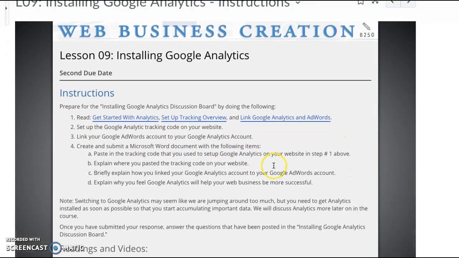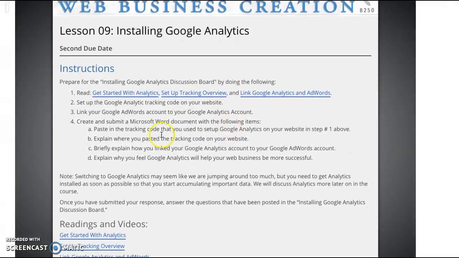So the assignment is simply to get that code pasted into your website and then submit a Microsoft Word document with these 4 items. So the tracking code and then some brief explanations.